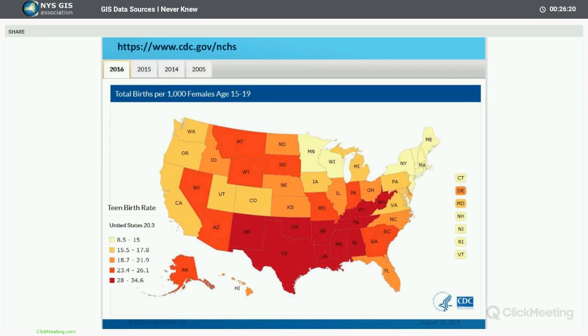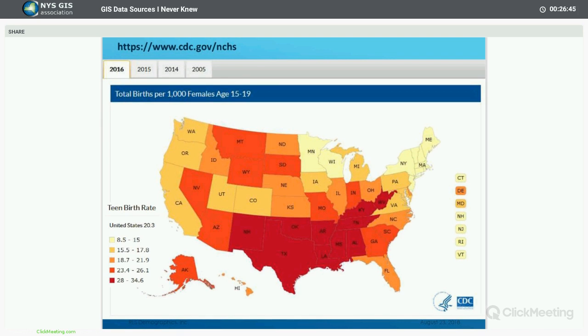There's a whole catalog of data visualizations within NCHS. I just picked out one, total births per 1,000 females, 15 to 19. Births among teenagers have been declining for a long, long time. But of course, as analysts, one of the things that we always want to look at are spatial and geographic differences.